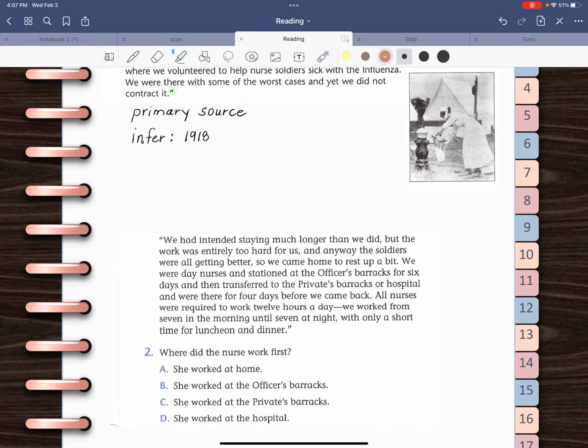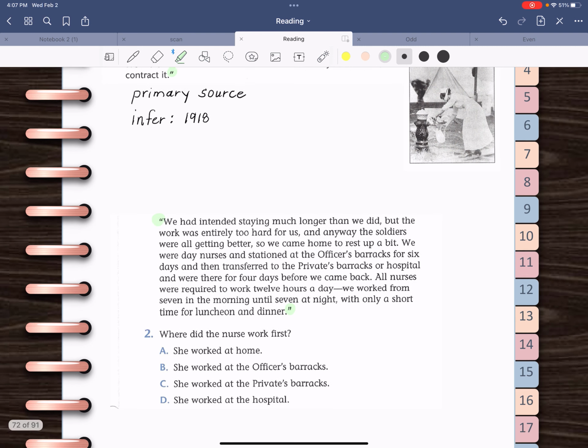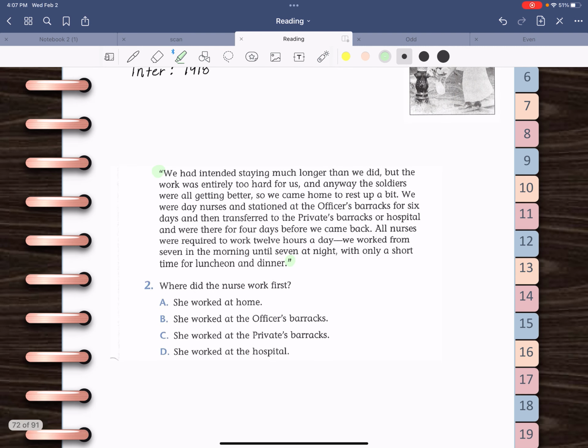The quotation marks indicate that this is a primary source. And here's a question. Where did the nurse work first? So this type of structure is not cause and effect. It's one of our timelines that we drew.